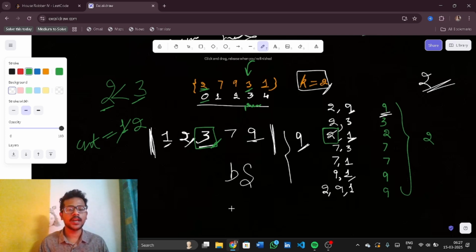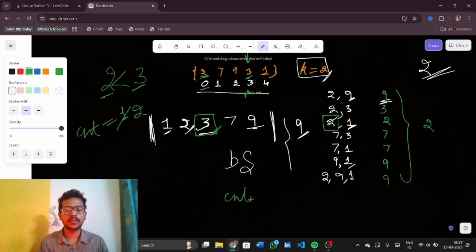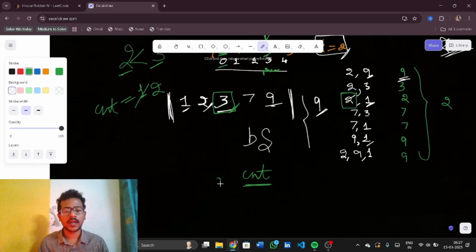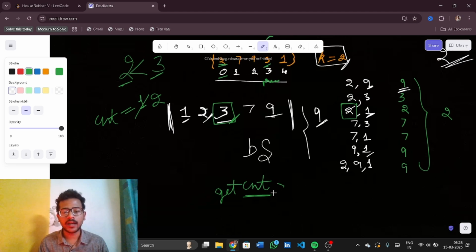That means whenever the count of houses robbed, for that I'll write a get count function, whenever the get count is greater than or equal to k, so here I got k values, so it would be on the left side, which is minimum. So I will go left.